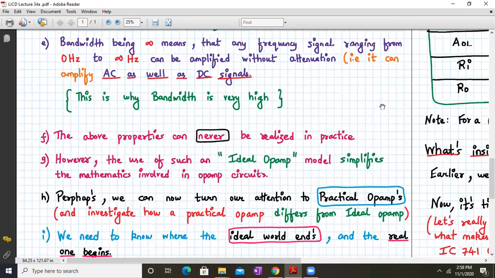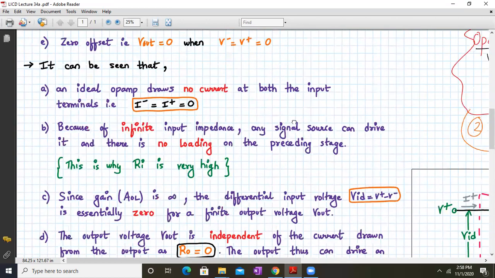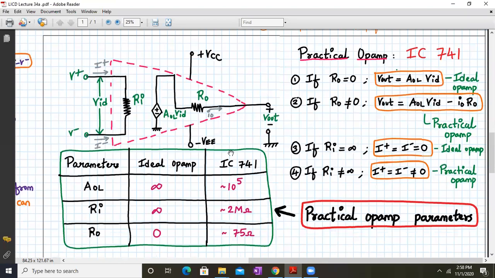Now let's look into some of the other features. These are some parameters of a practical op-amp, IC741. If Ro is equal to 0, Vout will be equal to AOL times VID. That means it is for the ideal op-amp. Now, if Ro is not equal to 0, just as in the case of a practical op-amp, output voltage is given by AOL times VID minus Io into Ro, because in a practical op-amp, the I plus and I minus are not 0.